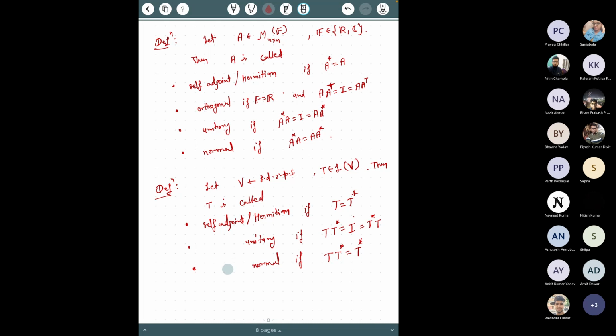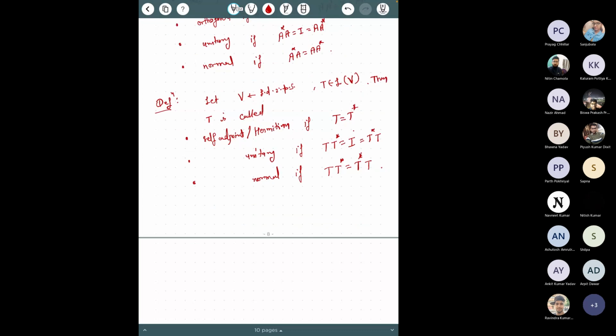So T is called self-adjoint if the first is true, unitary if the second is true, and normal if the third is true. Okay, at least we can define these. Whatever I have defined makes sense, because we can talk about the adjoint of T on a finite dimensional inner product space.